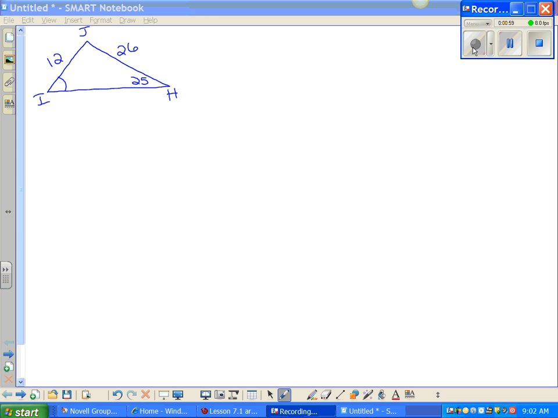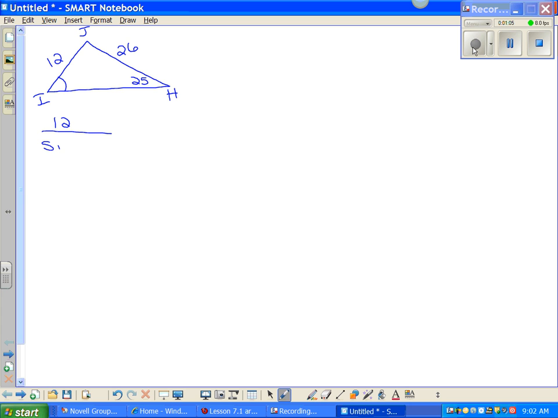Someone tell me how they set up their proportion. Over sine of 25. Yeah. Sine I. Good.